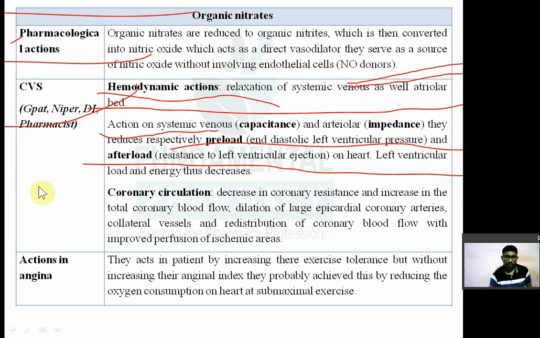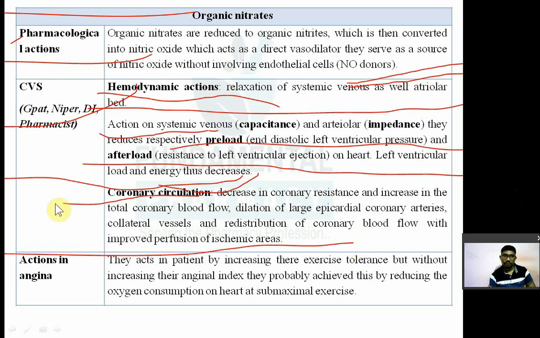That's why this reduction leads to less energy demand on the left ventricle. Now again, what is the effect on coronary circulation? There is a reduction in coronary resistance and an increase in total coronary blood flow, because they dilate the coronary blood vessels so that the myocardium will get proper blood. Dilation of large epicardial coronary arteries causes redistribution of coronary blood flow with improved perfusion in the ischemic area.